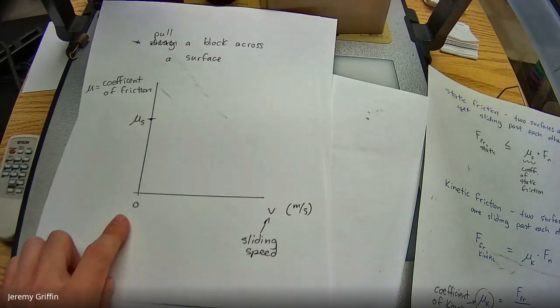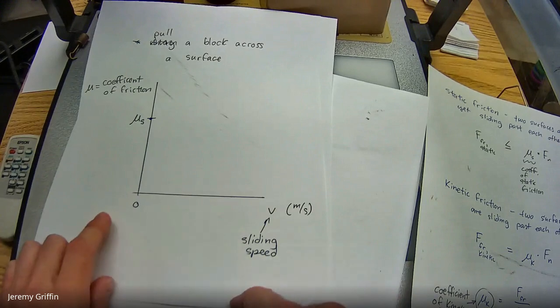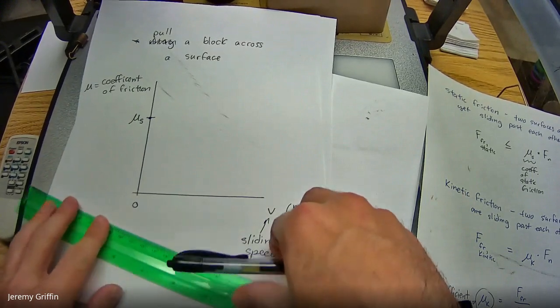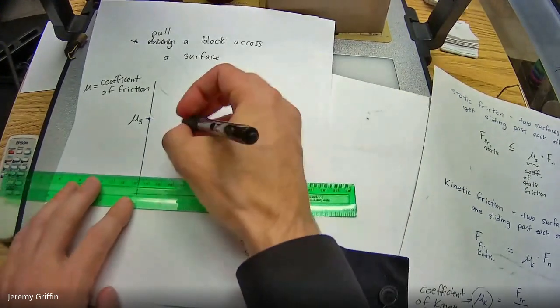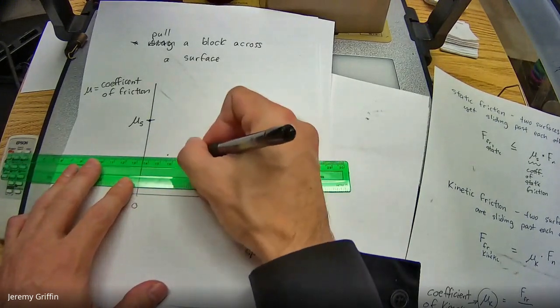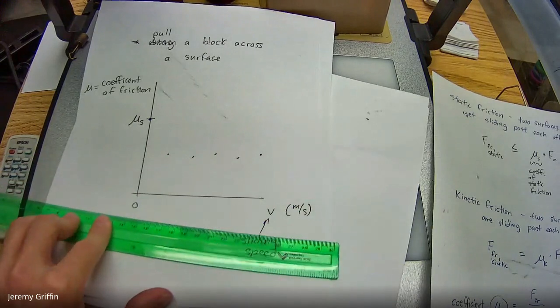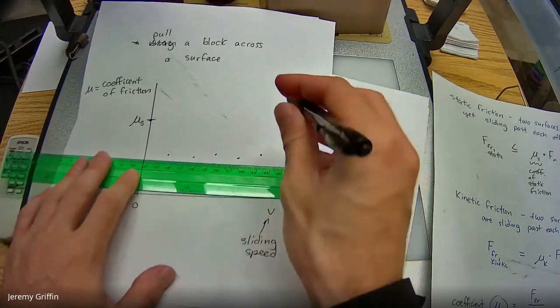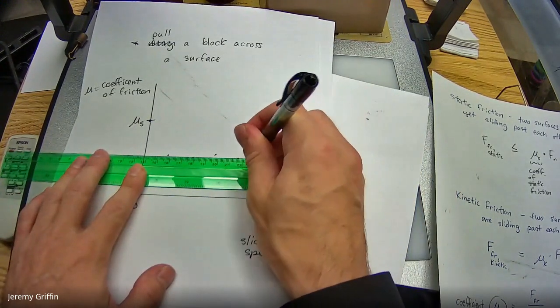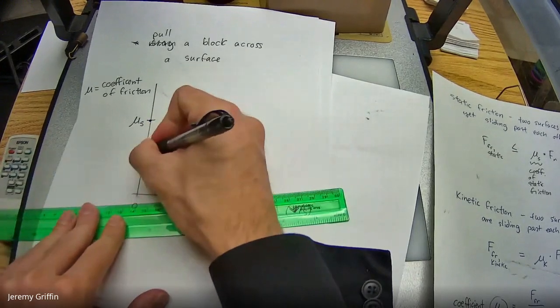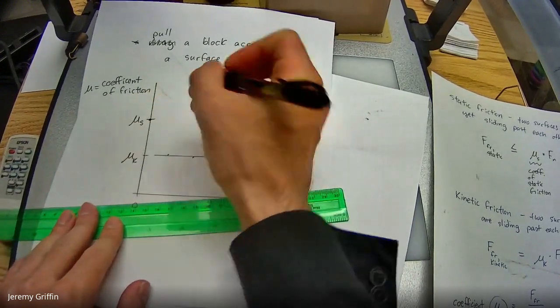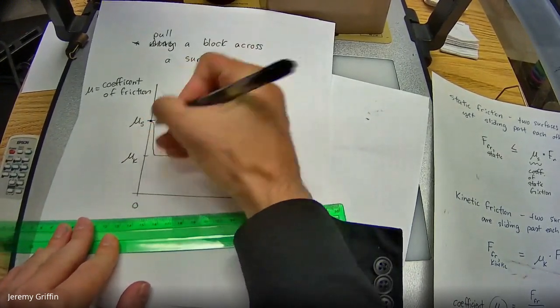Now, once those two surfaces start sliding past each other, you get some motion going on. Turns out that it doesn't matter if the two surfaces are sliding past each other really fast or really slow. You see about the same ratio popping up over and over again. It's pretty much a horizontal line. And that horizontal line value that it drops down to is the coefficient of kinetic friction. Something like that.